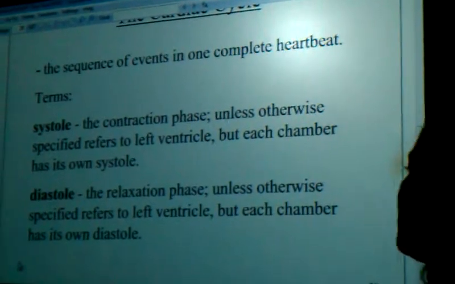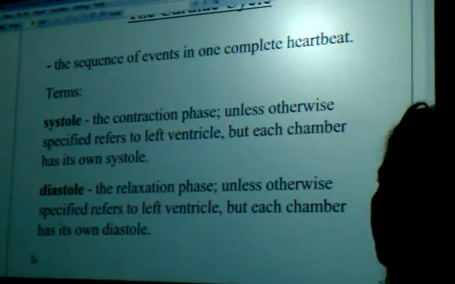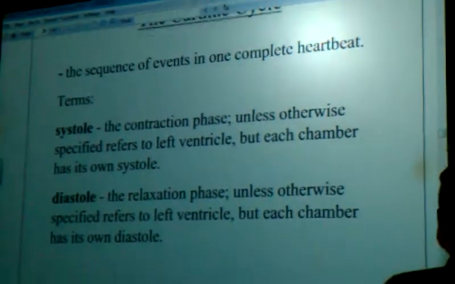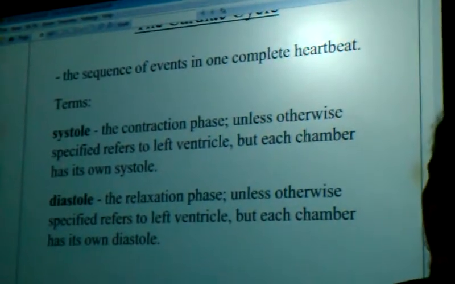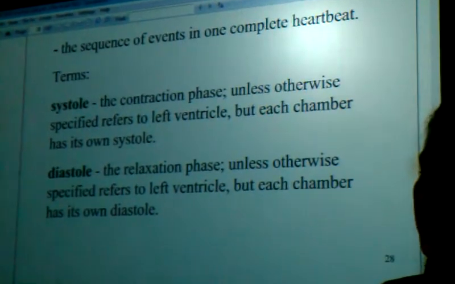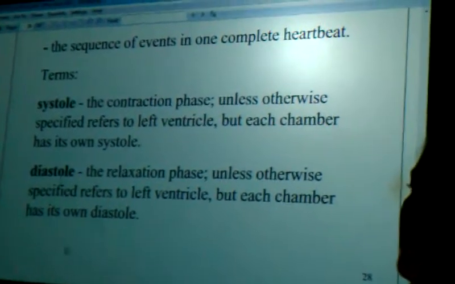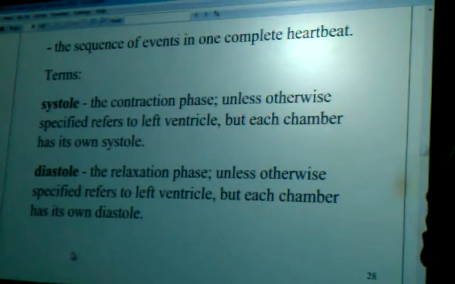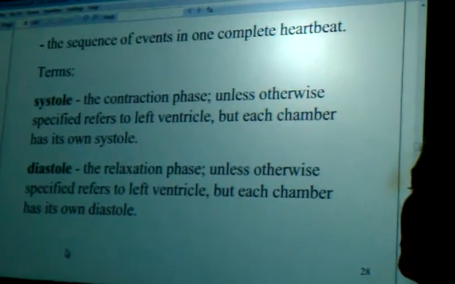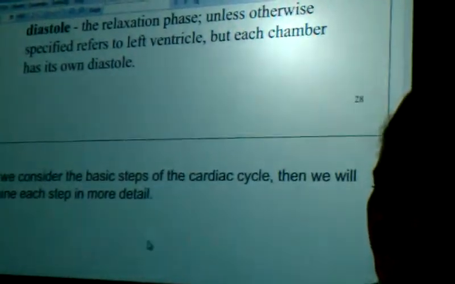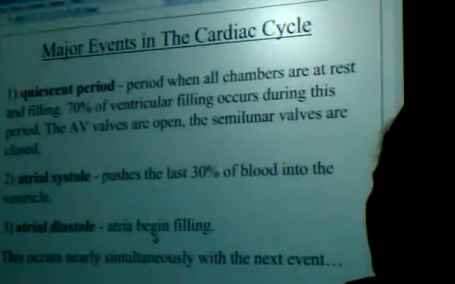You can look at the difference between the two numbers and come up with other indications of the state of the heart. But systole and diastole refer to the state of contraction or relaxation that the heart will be in during the cardiac cycle.